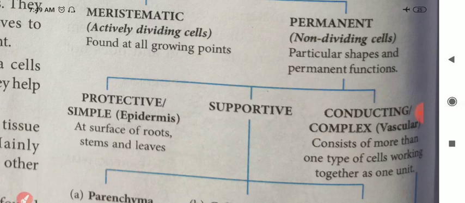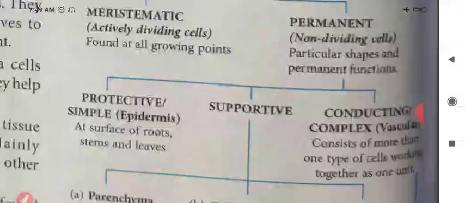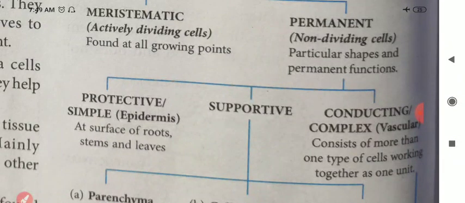Protective tissue deals with the surface of roots, stem, and leaves. Then we have supportive and conducting complex tissue, which consists of xylem and phloem.